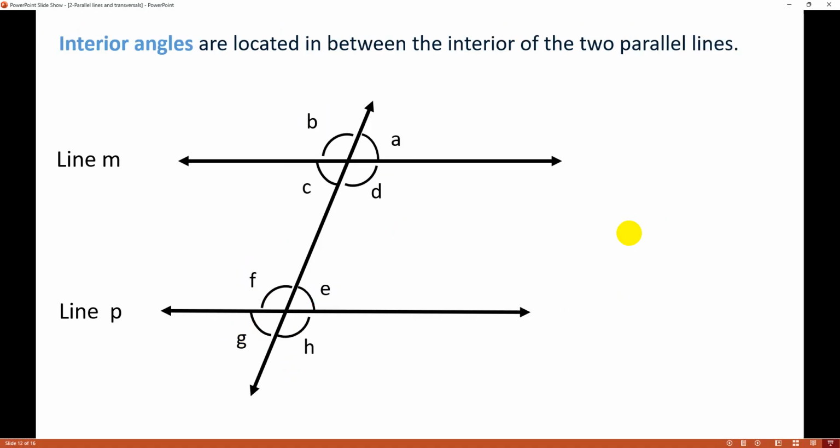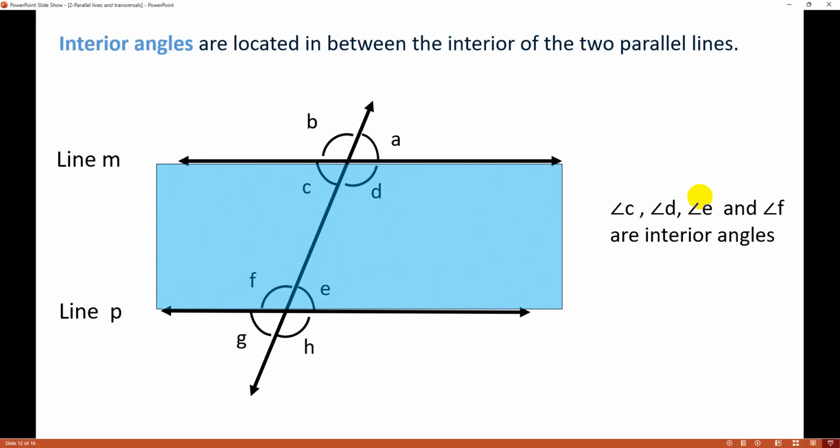Now let's look at what interior angles are. Interior angles are located in between the two parallel lines. So basically we have lines M and P here. All the space that is in between these lines will be the interior. Let's color that light blue. And all the angles in the interior part are called interior angles.